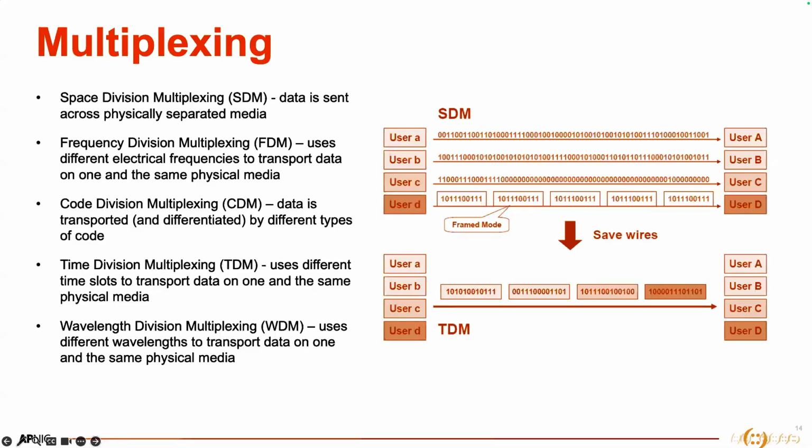So as you can see in the diagram, at the small user A, B, C, D end, they are doing the multiplexing, and at the capital user A, B, C, D end, they are doing the demultiplexing, right?